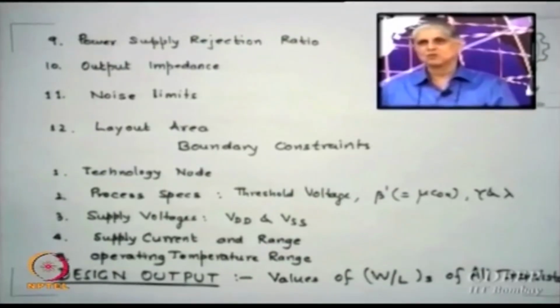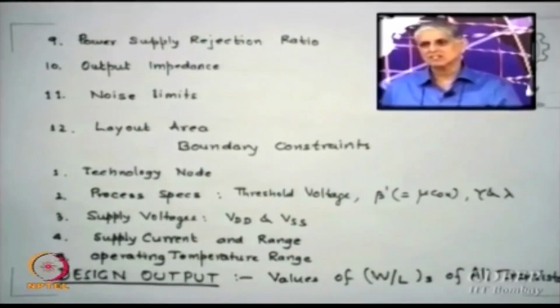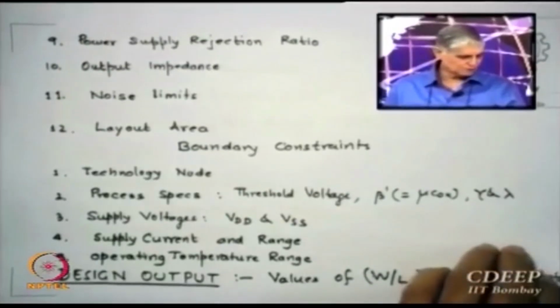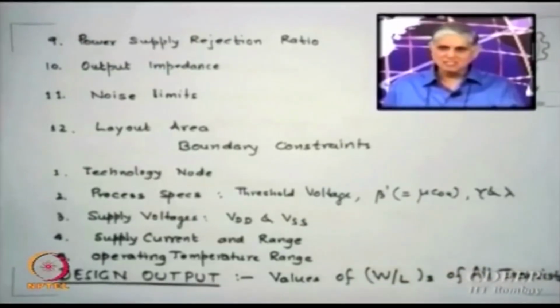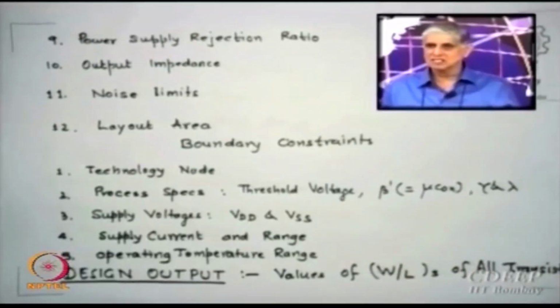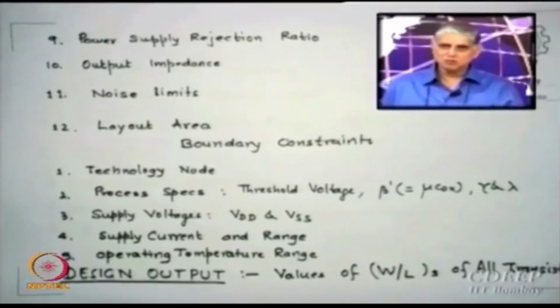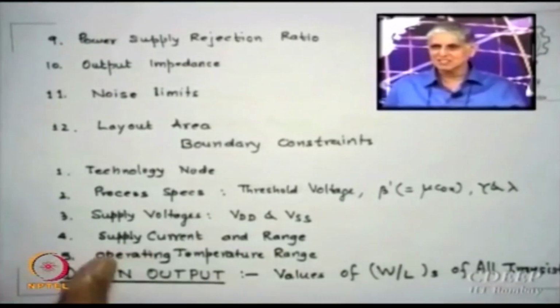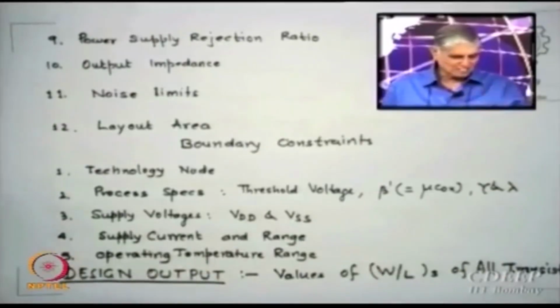Once I get the transistor sizes, layout is relatively simple, automation can be done, and you will be able to actually design the chip. So our output as far as the design course is concerned is the size. Further ahead many other things are important, but this is the end for us.